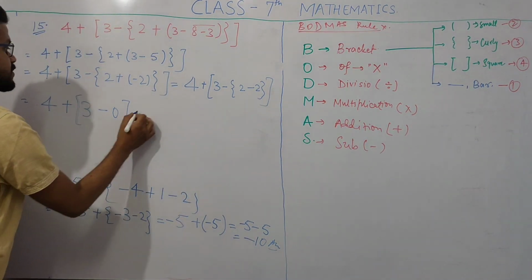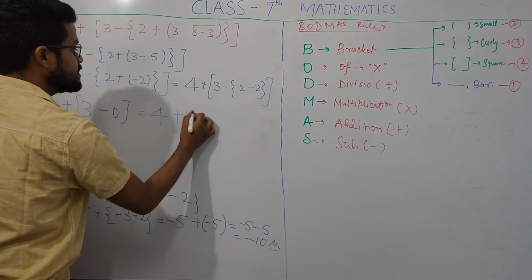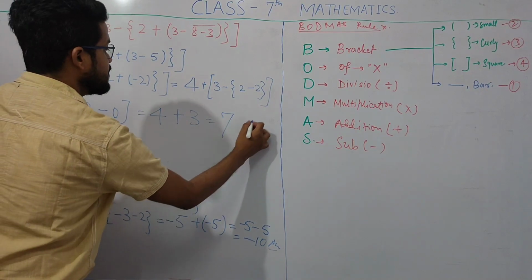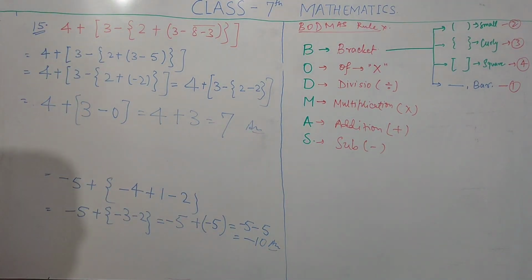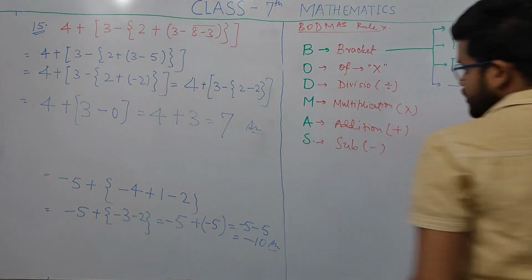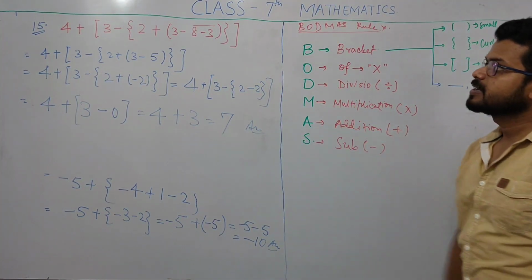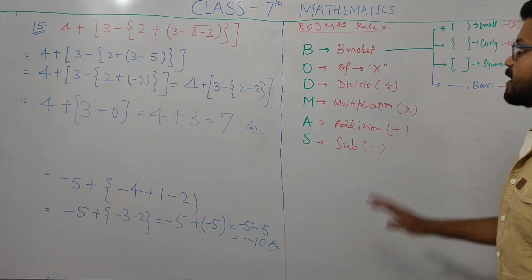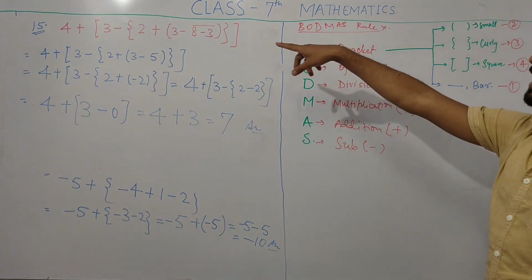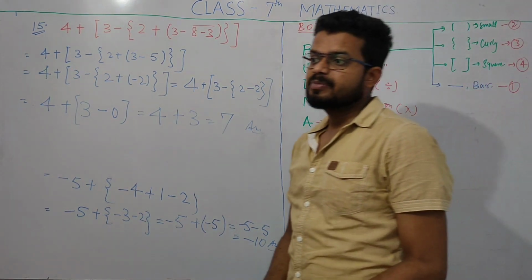So I put here 0, and this is 4 plus 3, which is equal to 7. That is your answer. So finally I get the 7. This is all about exercise 1.4, which is simplification.